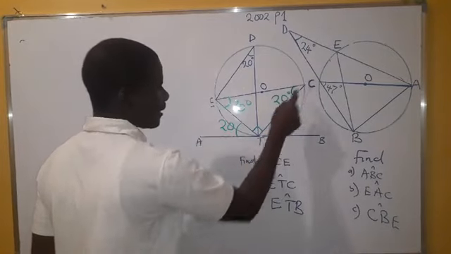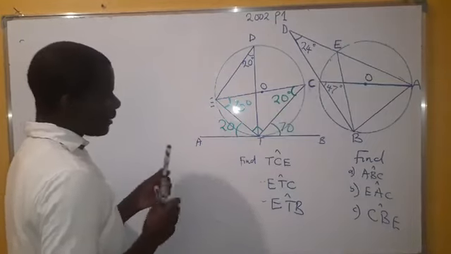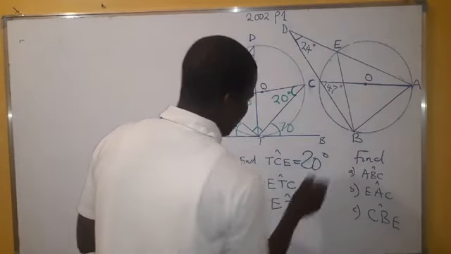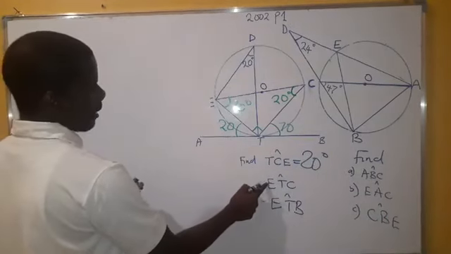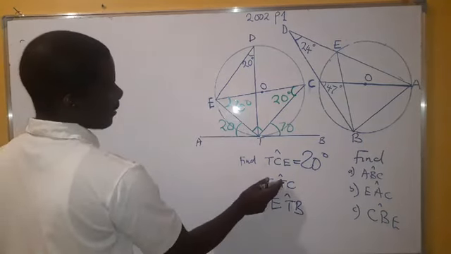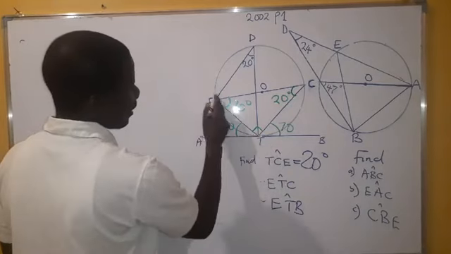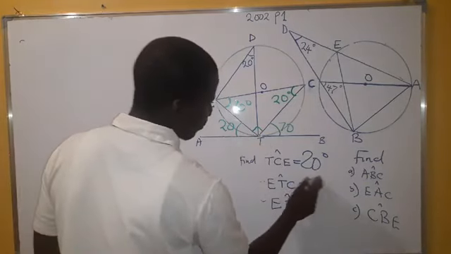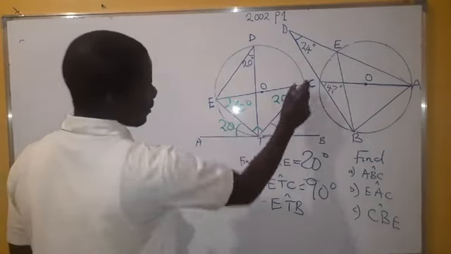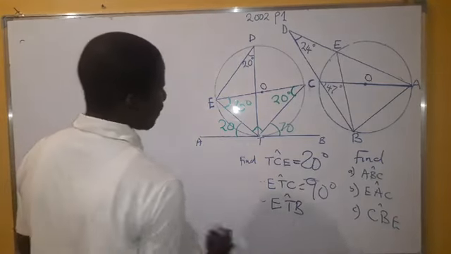So TCE. They always start with something very simple. Our TCE is 20. Where's our E? Our E is here. ETC. That was the second one that we got. What did we say? 90. ETC, 90. So it's the rules that just apply. Then ETB.